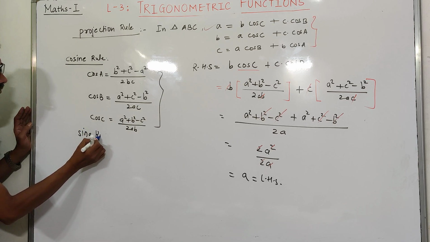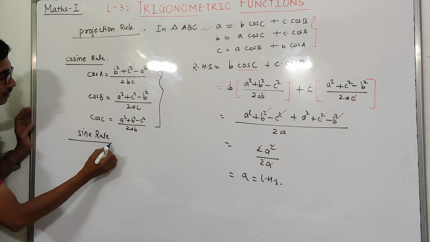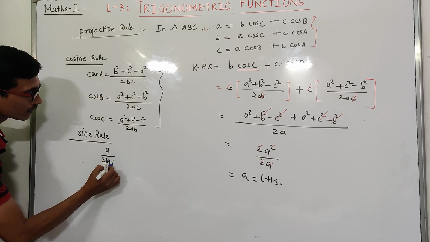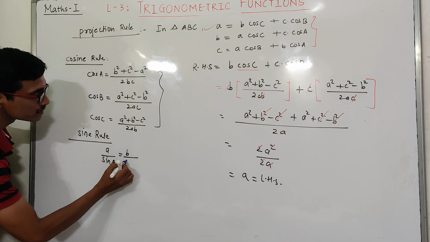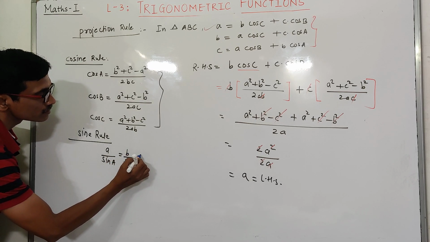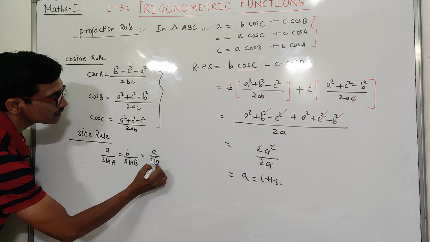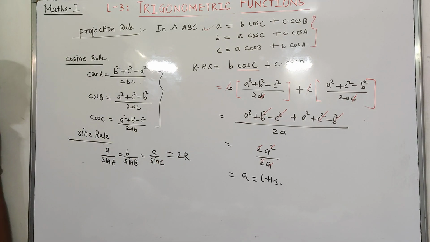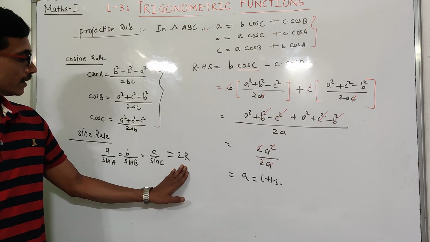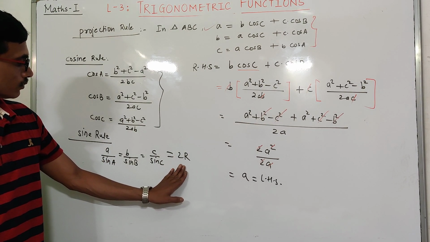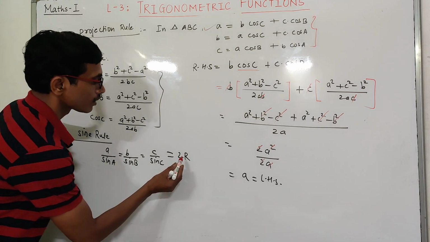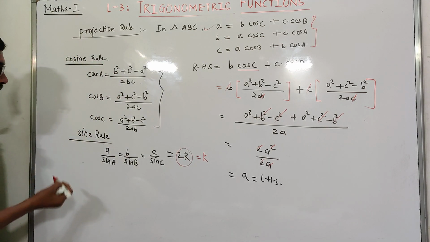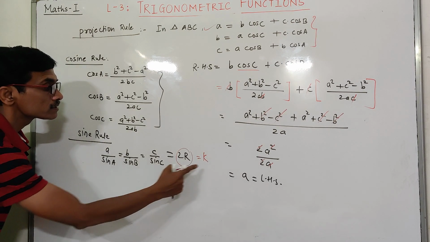Sine rule: a upon sin A is equal to b upon sin B is equal to c upon sin C, which is equal to 2R. Now 2R is a constant, which is the circumradius of the triangle. Therefore, instead of 2R we can write k also, and a different form of the sine rule is a upon sin A is equal to k.